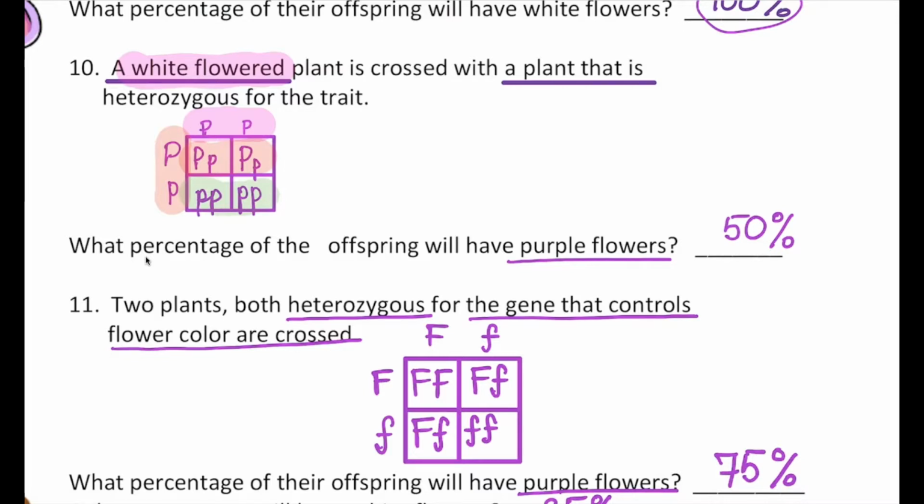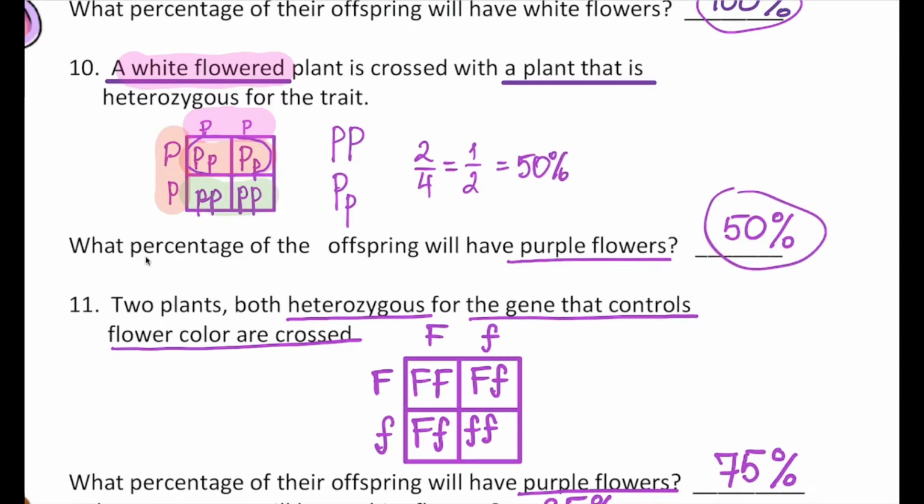So purple flowers, again, are the ones that have at least 1 capital P. This could be homozygous dominant, it would be a purple flower. And it could be a heterozygous, which would also be a purple flower. So purple flowers, we have these two, the top row, which means that we have 2 out of 4, 1 out of 2, which is 50%. And that's what you write over here.